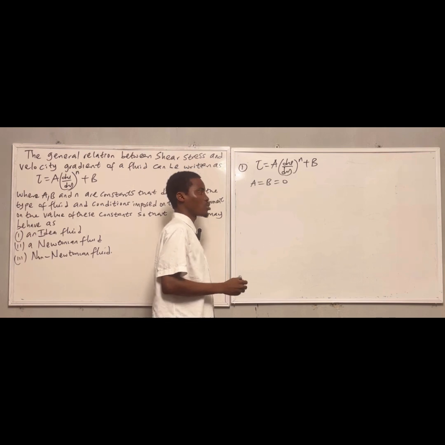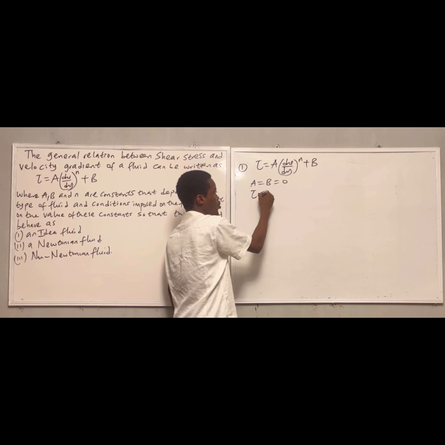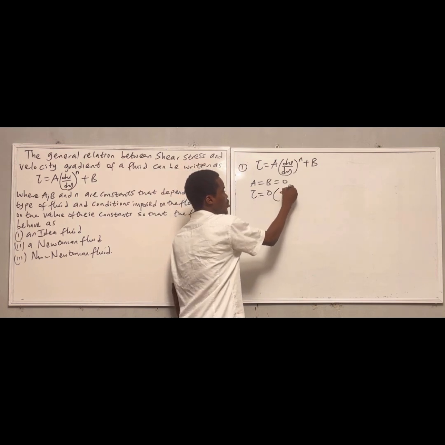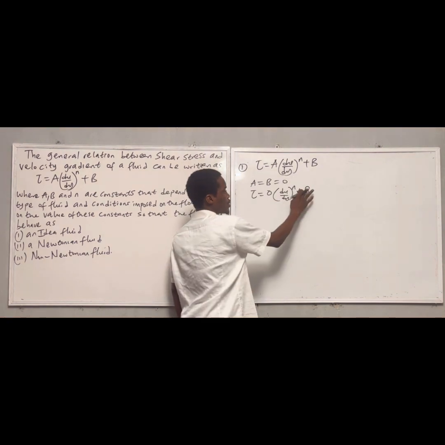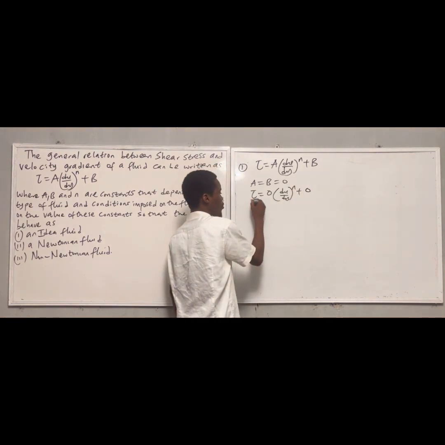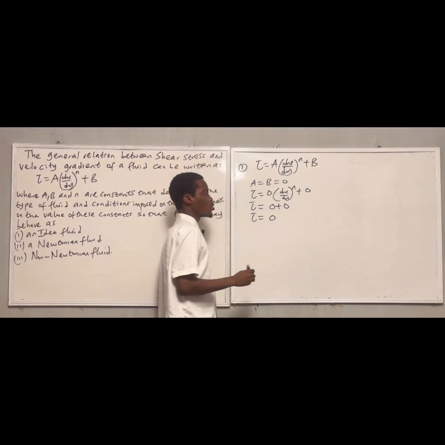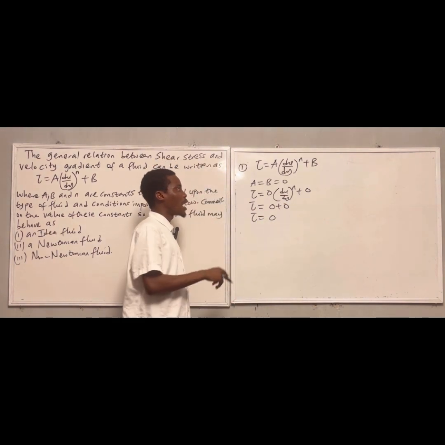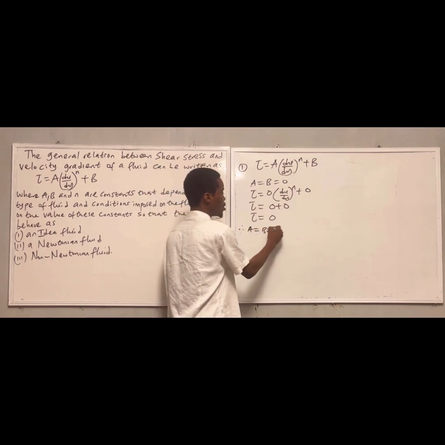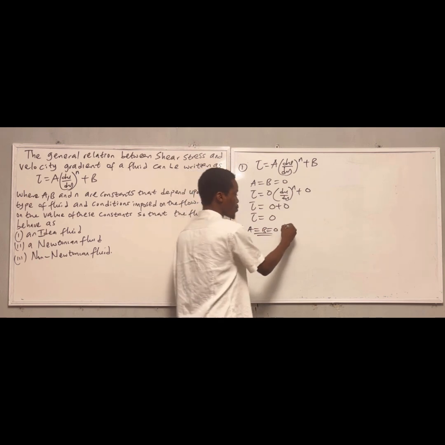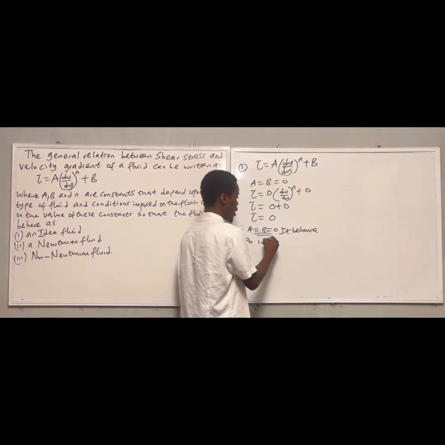If A equals B equals zero, we have tau equals 0 times (du/dy)^n plus 0, so tau is 0. Therefore A equals B equals 0, and it behaves as an ideal fluid.